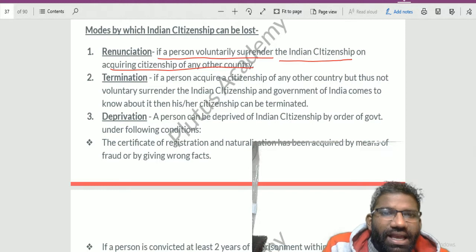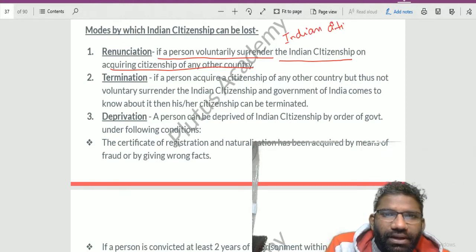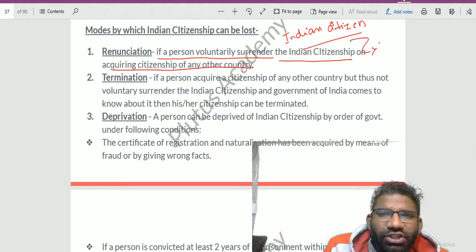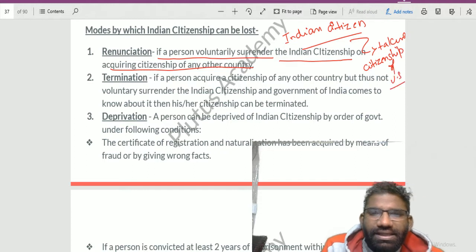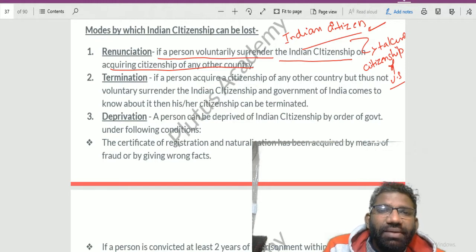Suppose, let us take an example, an Indian citizen is taking citizenship of the US, then he needs to voluntarily surrender. He comes and says that he has acquired the citizenship of another country and he is surrendering his Indian citizenship, then his Indian citizenship will be lost.